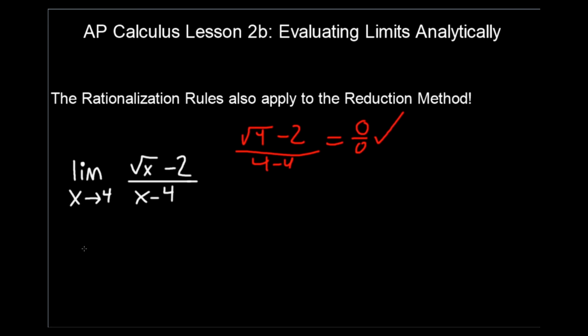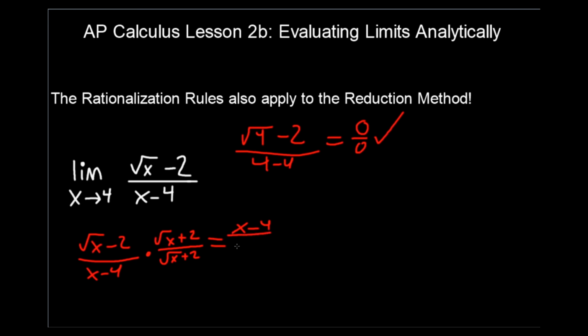So square root of x minus 2 over x minus 4 times square root of x plus 2 over square root of x plus 2. Then the numerator is just going to be x minus 4, because 2 times 2 is 4, but this minus 2 makes it a negative 4.